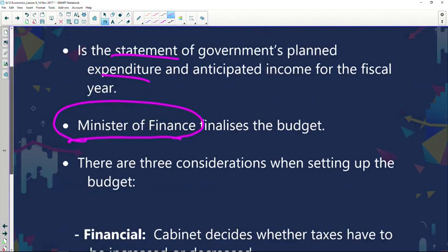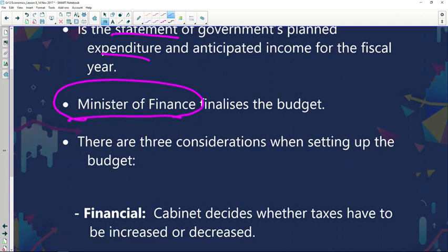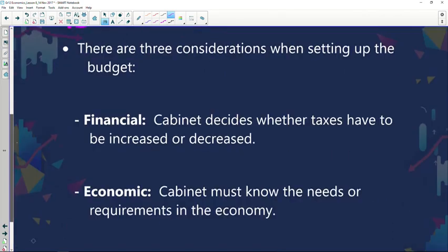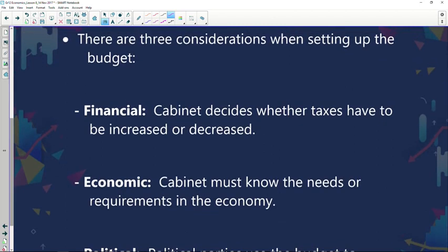There are three considerations when setting up the budget. These are also very important, so let's have a look at them. The first one is a financial consideration. Cabinet decides whether taxes have to be increased or decreased, depending on the plans they have in terms of public services and improving infrastructure.